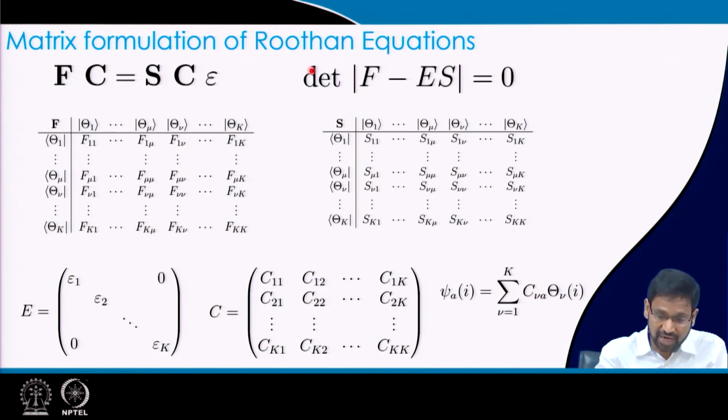Now, this matrix formulation, thanks to Roothan, gives us with very little effort the coefficient matrix. Simply, it requires formulation of the matrices and diagonalization to get the eigenvalues and the eigenvectors. The eigenvalues are the energies of the molecular orbitals, and these coefficients will be used to construct the molecular orbitals as shown here.